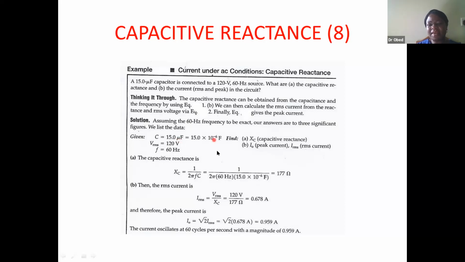So in any problem you are given, if you find something like milli, centi, or micro, you must first write out what the value is before you carry out your calculations. Otherwise, you'll get the wrong answers. So practice this now.